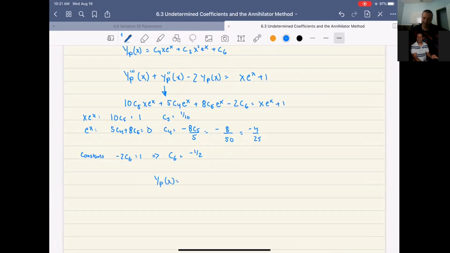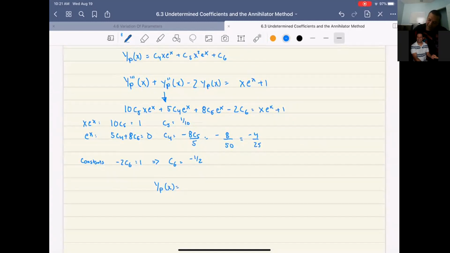Our particular solution is c4, which is negative 4 over 25, x e to the x, plus c5, which is 1/10, x squared e to the x, plus c6, which is minus 1/2. That's our particular solution.